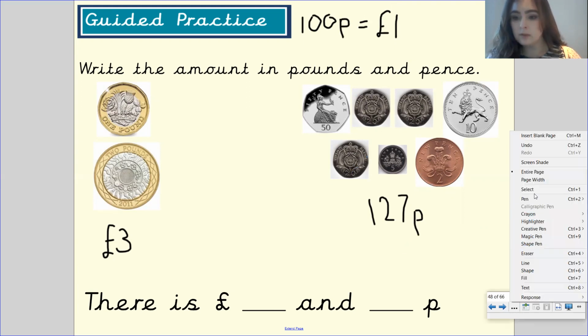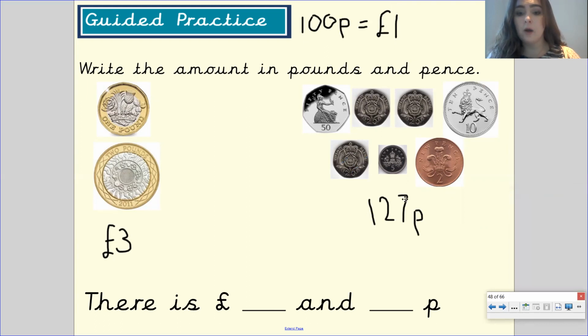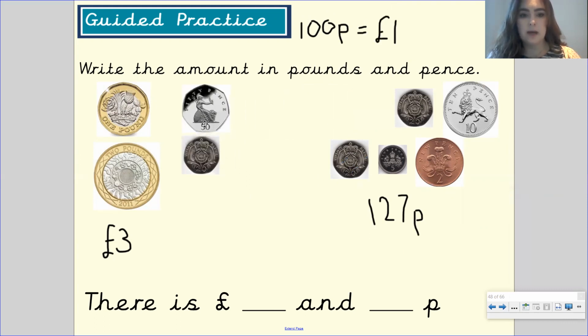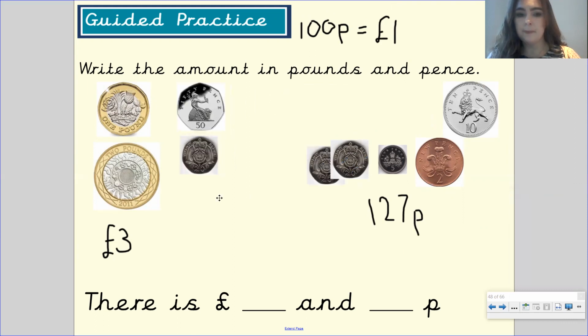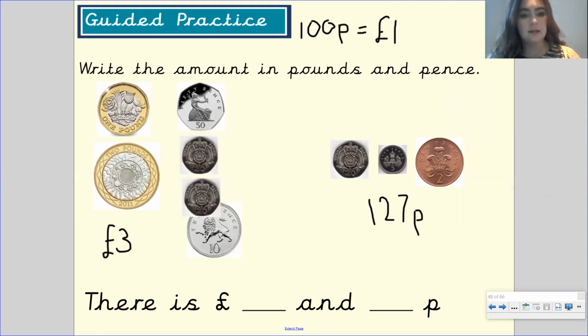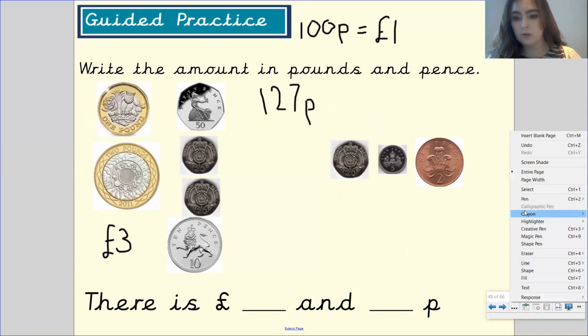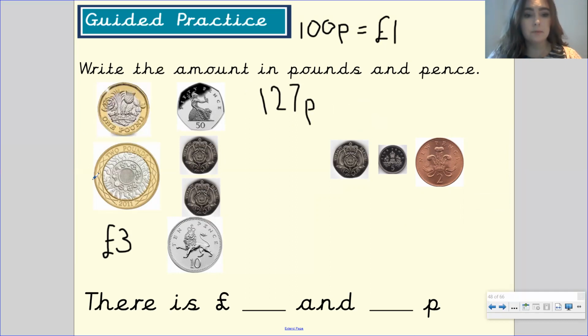So what I'm going to do now is move 100 pence of that over to the pound sign because that makes £1. So 50 pence, add 20 pence, gives me 70, add another 20, gives me 90 pence, add another 10 pence, gives me 100 pence. So now I have got on this side in my pounds, I can add another pound and I've got £4.